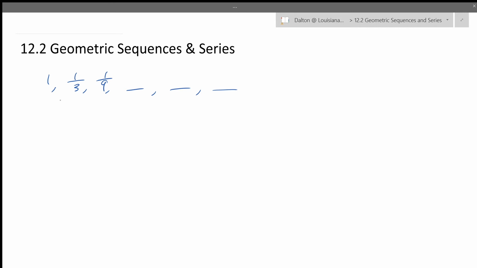So the idea here is that if you multiply each of your terms by 1/3, you get to the next one. So 1/9 times 1/3 is 1/27. 1/27 times 1/3 is 1/81. And 1/81 times 1/3 is 1/243. And of course, we could continue this if we wanted.